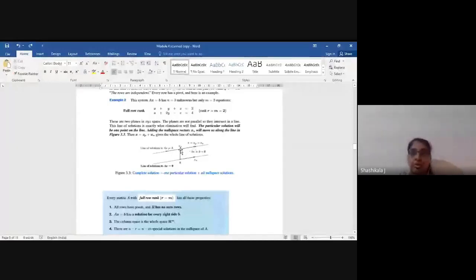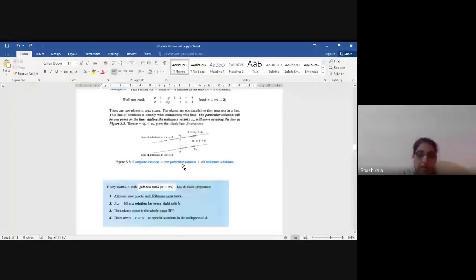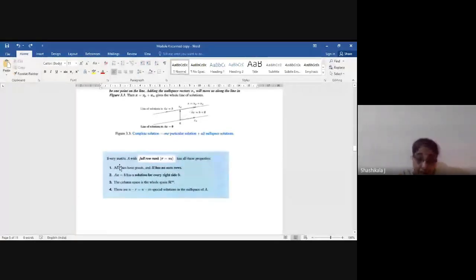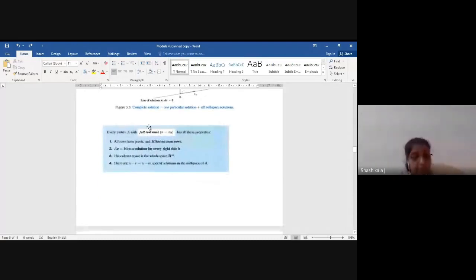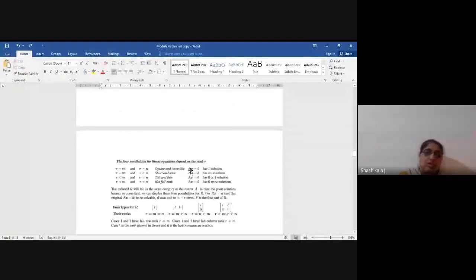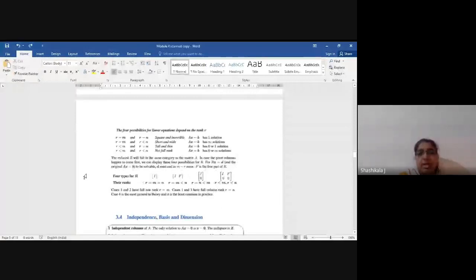That is the meaning of the particular solution and the null solution. And here also, every matrix with full row rank has these properties. No need to remember; this might be useful, as they may ask in the quiz. Please understand the concept, try to remember, and just go through it once. This is what they have identified when there is a full rank.